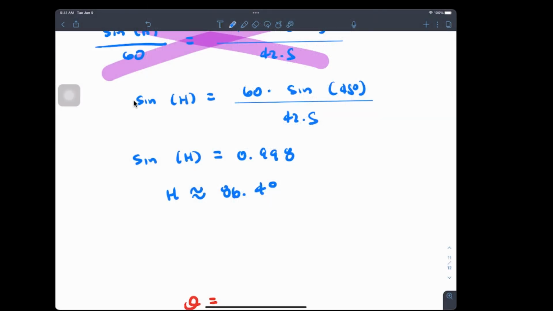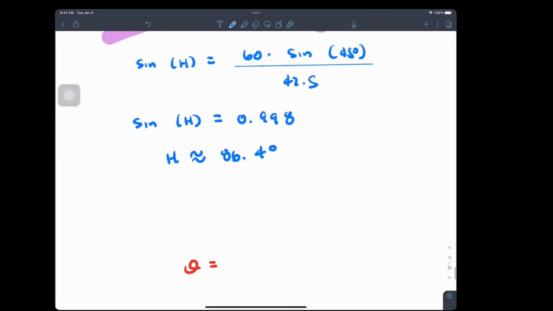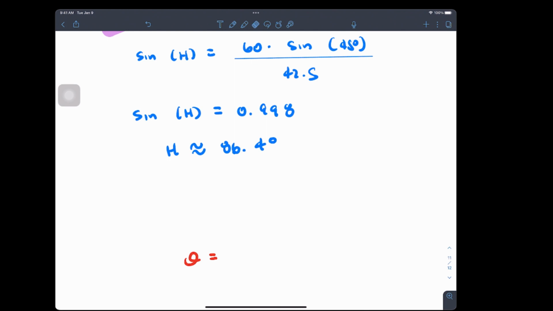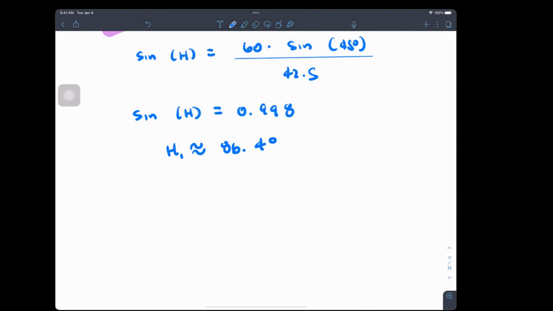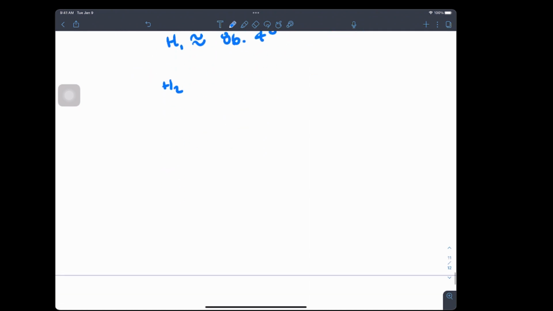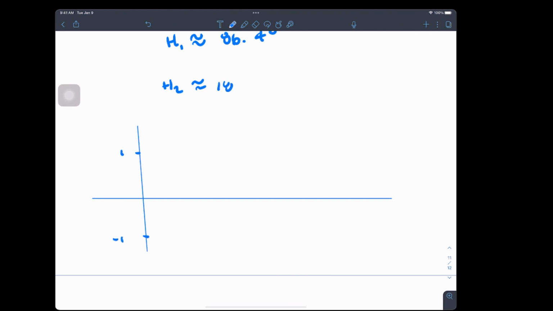However, if we go back to the iPad, right? However, isn't that H1? What is H2? How do you get the second H value? You guys remember? It should be 180, right?